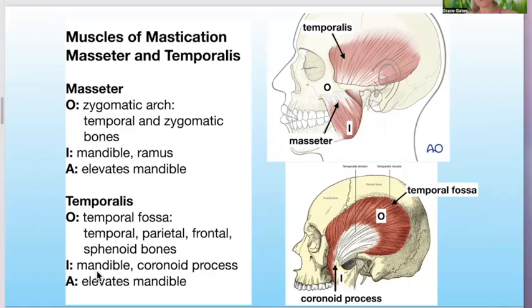The temporalis inserts on the mandible on the coronoid process. So in the bottom picture, the zygomatic arch is cut so that you can see the coronoid process of the mandible and see that the temporalis muscle is attached to it or inserted on it. The action is to elevate the mandible. Remember that the masseter is the agonist and the temporalis is the synergist in the movement elevating the mandible.